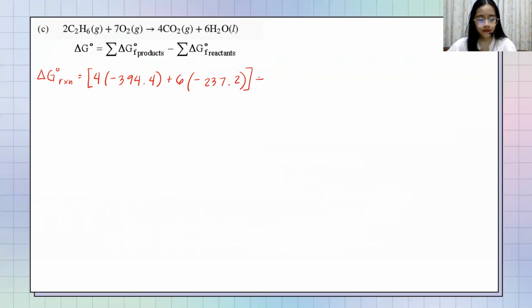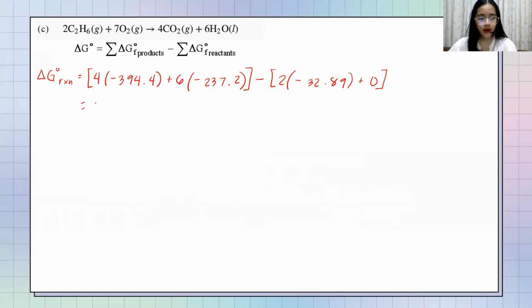Minus. So in the reactant side, we have 2 moles of ethane and 7 oxygen gas. 2 moles of ethane and its free energy is negative 32.89 plus oxygen, which is 0. So we calculate this part first.